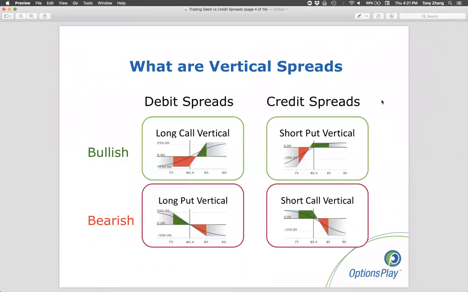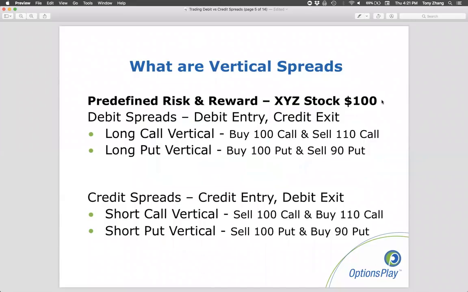But from a trading perspective, they're both relatively simple to understand. They're both very simple to really analyze your max risk and max reward. So let's talk about what vertical spreads are and why people like to trade them. By far, the number one reason why people like to trade vertical spreads is the fact that you have predefined risk and reward before you get into a trade.